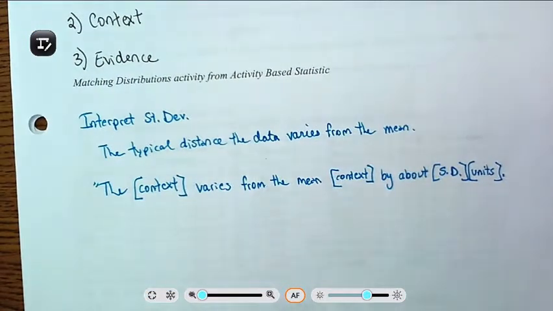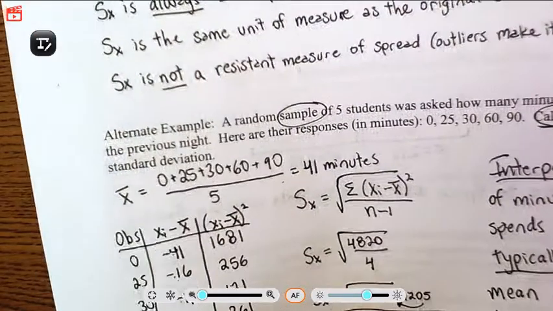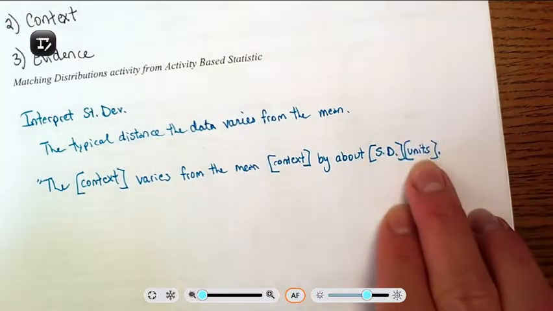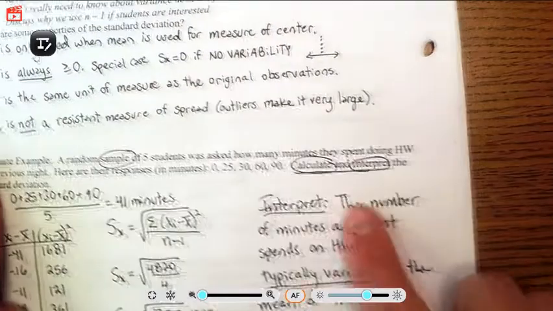Okay. The typical number of minutes a student spends doing their homework each night varies from the mean number of minutes of 41 minutes by about 34.7 minutes per night. Okay? And that's right here.